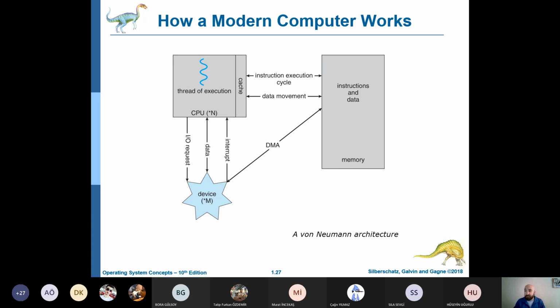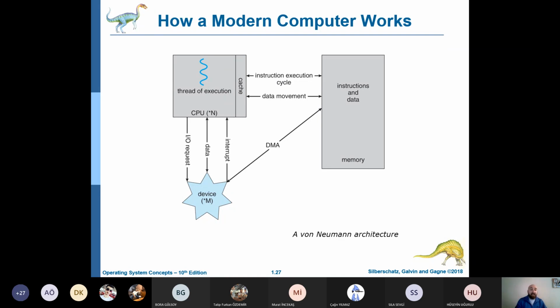As you can see from this figure, we have devices and we have memory. Also, we have the central processing unit. In a general manner, we can say that if a device needs to use memory, it can ask the CPU and then the CPU creates a connection between memory and the device.